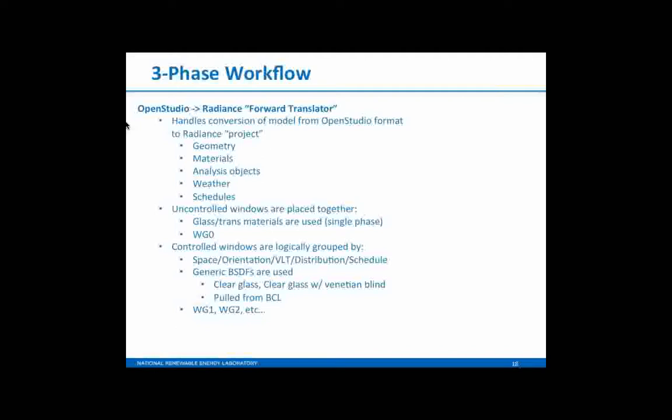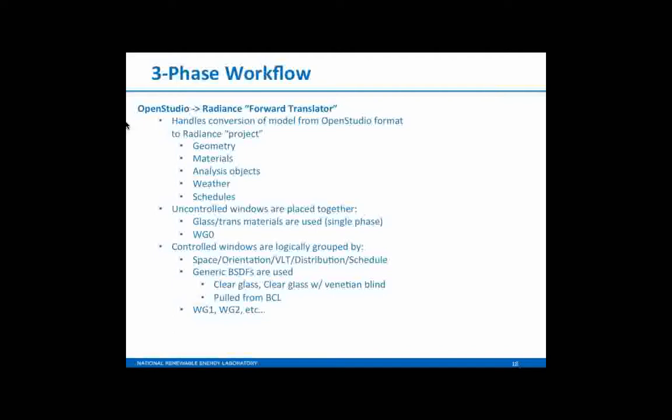Some of the big things to support the three-phase method are that the windows need to be grouped and simulated together. For all the uncontrolled windows, we don't need the three-phase approach because they don't change their state, so we lump all those into one problem. But for the windows that have a shading control, we need to look at whether each is facing east or south, et cetera.